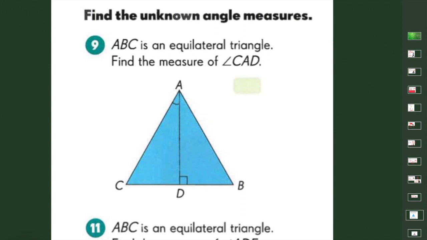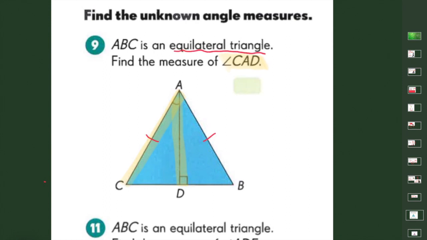So let's look at triangle ABC. They would like for us to find the measure of angle CAD. So angle CAD is right there highlighted in yellow. So let's look to see what we know about this triangle.